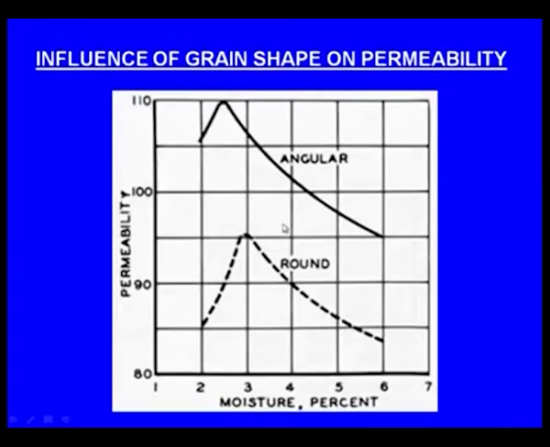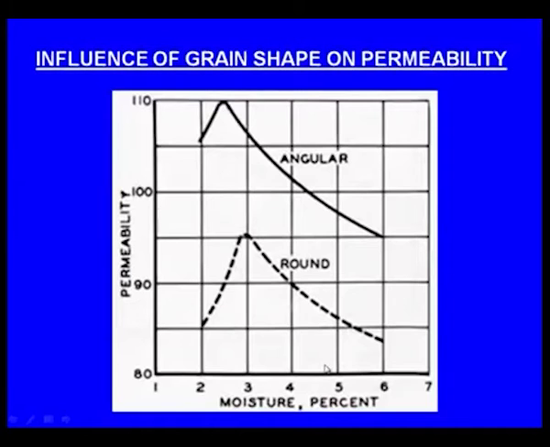Now let us see this graph, the influence of the grain shape on the permeability. This curve indicates the round sand grains, whereas this curve indicates the angular sand grains. The x axis indicates the moisture content and the y axis indicates the permeability.